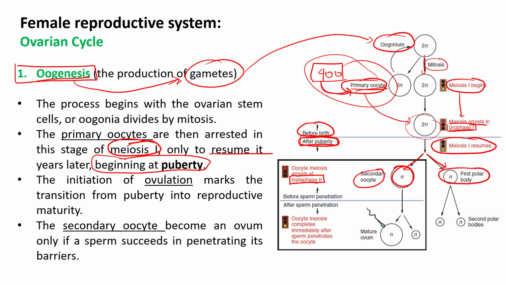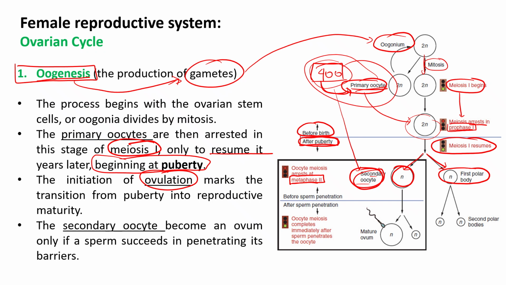Now, with each menstrual cycle, only one out of all these 400 will increase in size, will grow, and is the one that eventually will be released during ovulation. So let's say the secondary oocyte grows and then it's released during ovulation. Ovulation basically just marks that this secondary oocyte is released.